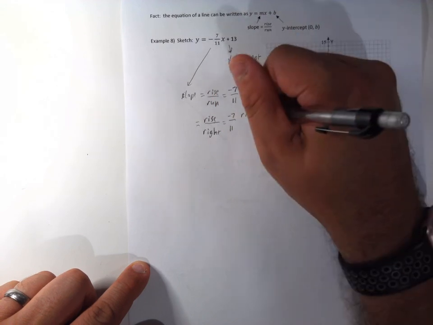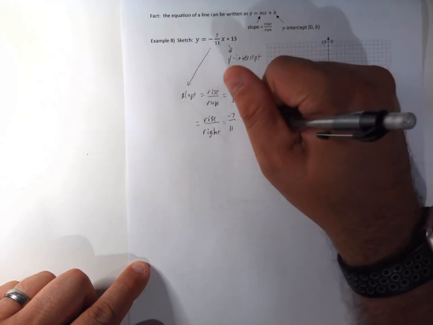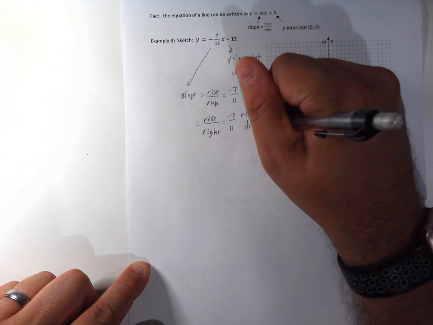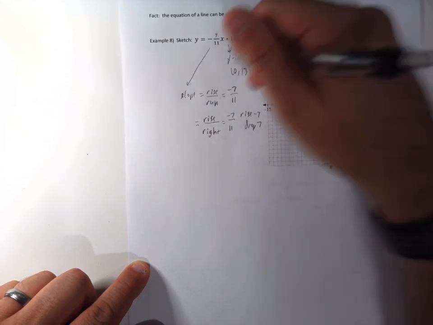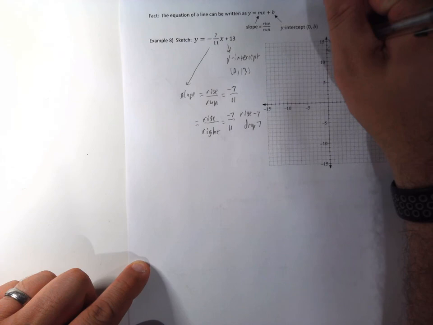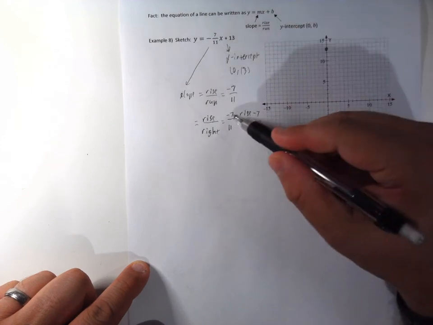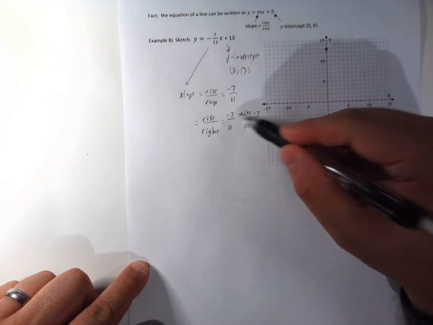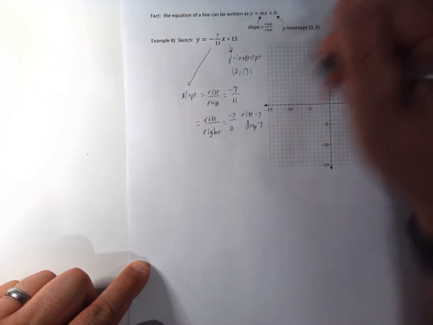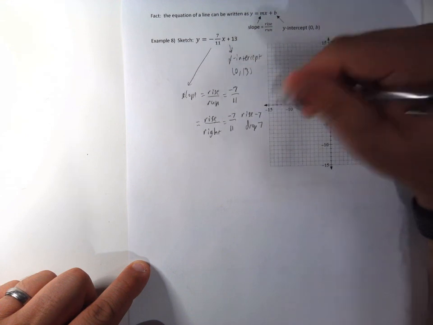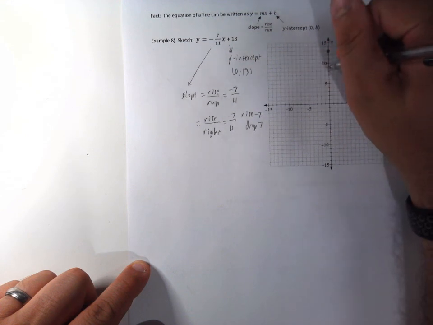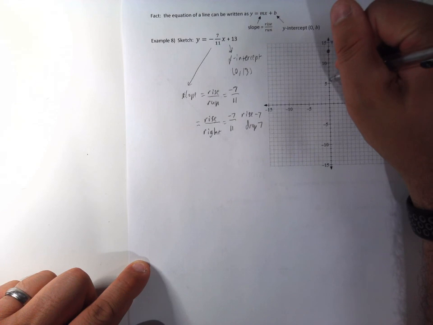A rise of negative 7 is actually a drop of 7. So from 0, 13, I'm going to drop 7, because a rise of negative 7 is a drop of 7: 1, 2, 3, 4, 5, 6, 7.